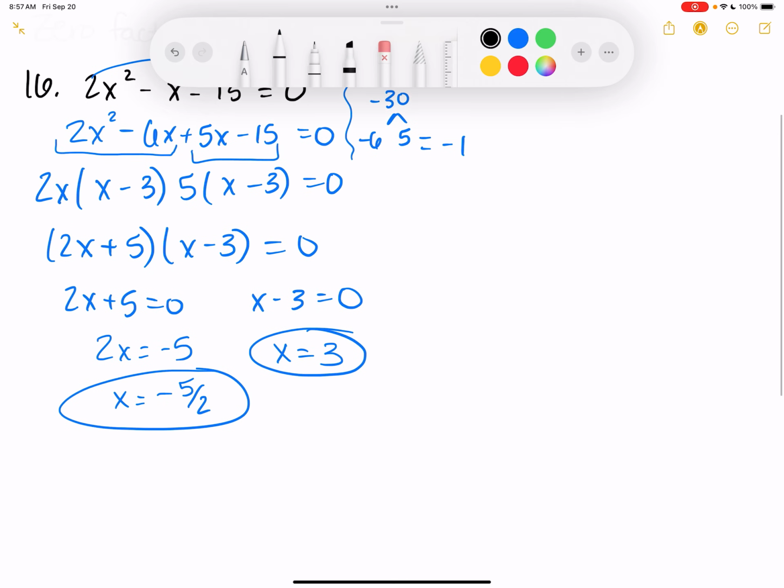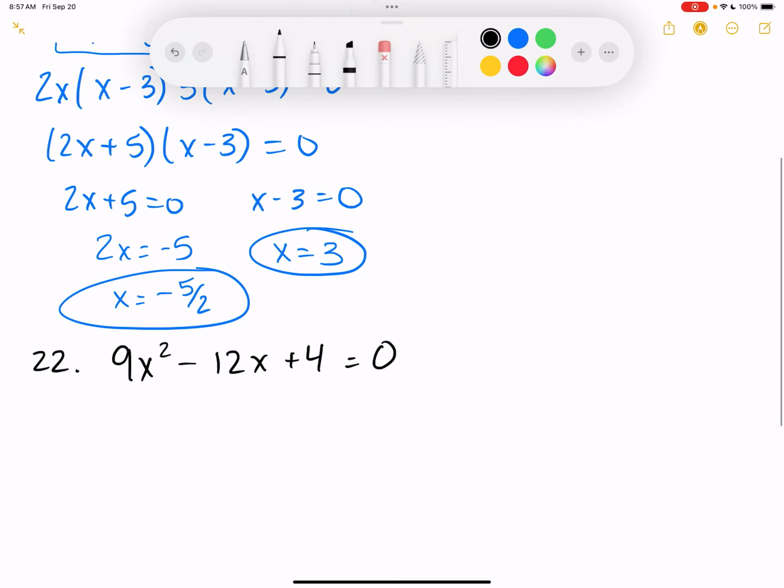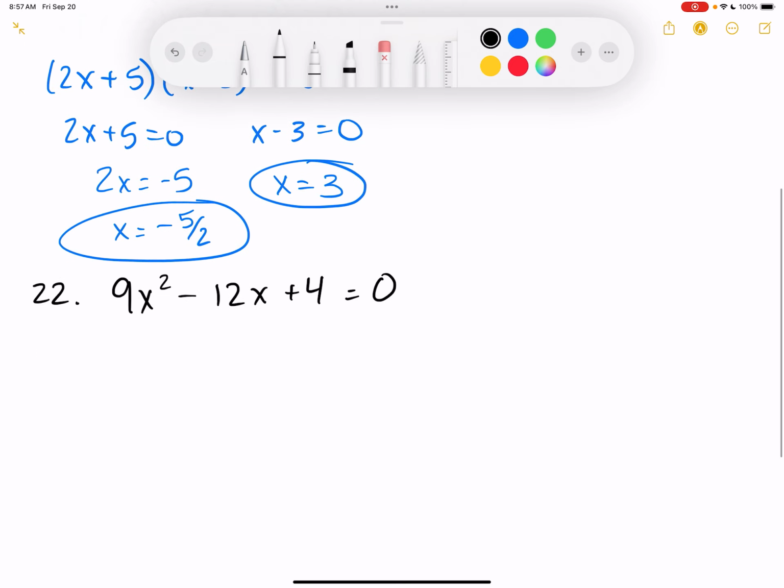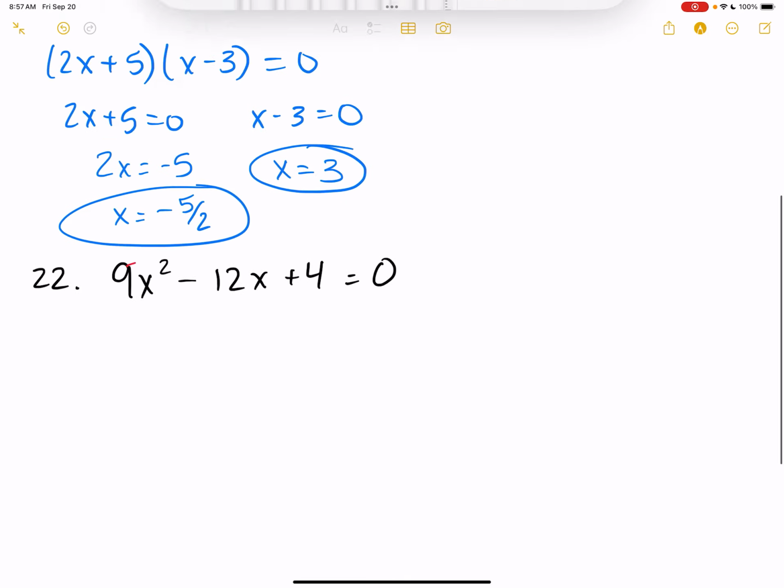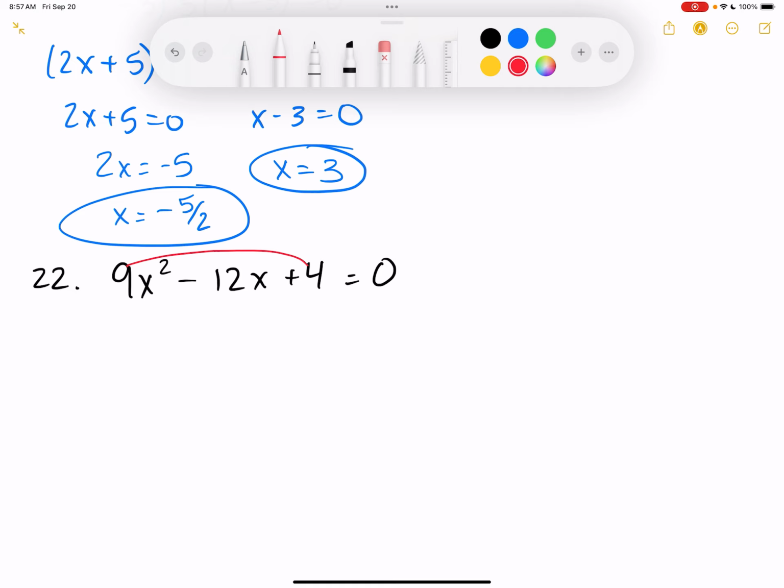22. 9x squared minus 12x plus 4 equals 0. So I need factors of 9 and 4, so factors of 36 that add up to give me negative 12. 6 and 6, what about the signs on them?